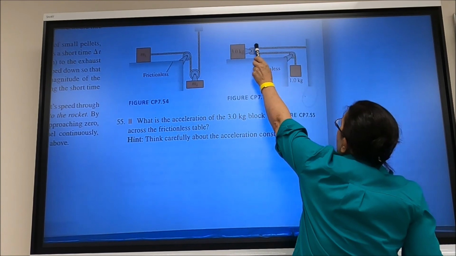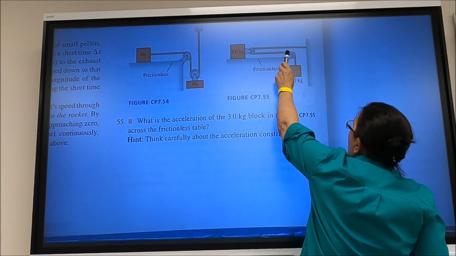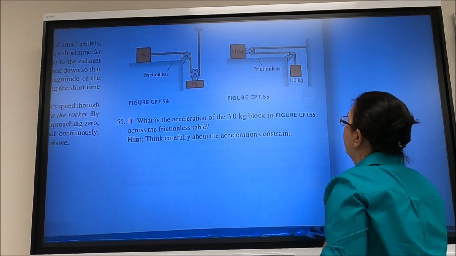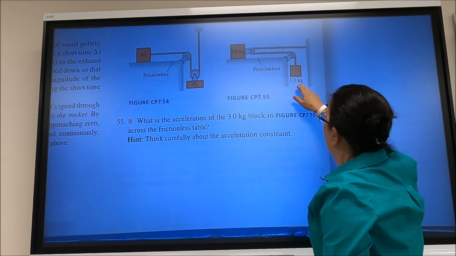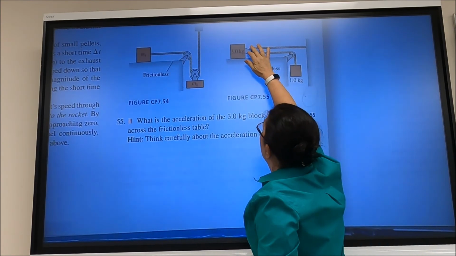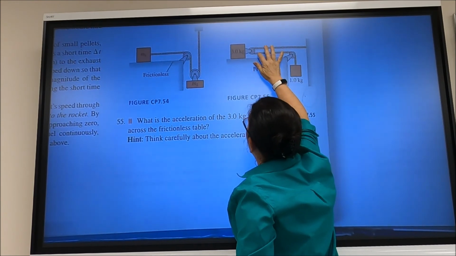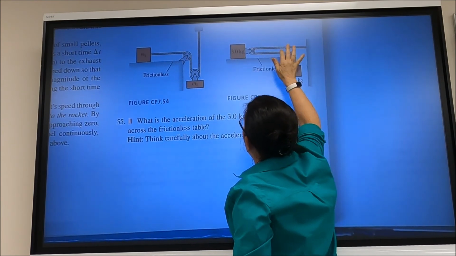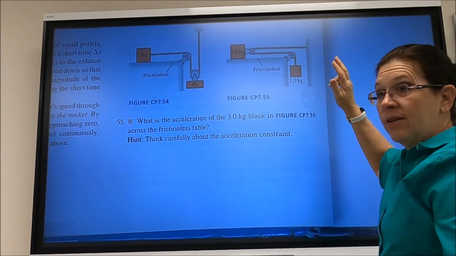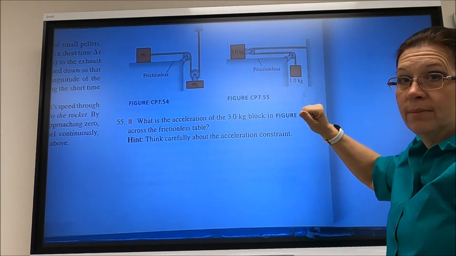Now, the rope's tied here, it loops around this pulley, loops around this pulley and attaches to a 1 kilogram block. I want you to think about the fact that essentially both sides of this rope, the rope on this side of the pulley and this side of the pulley, are both pulling on that 3 kilogram block.